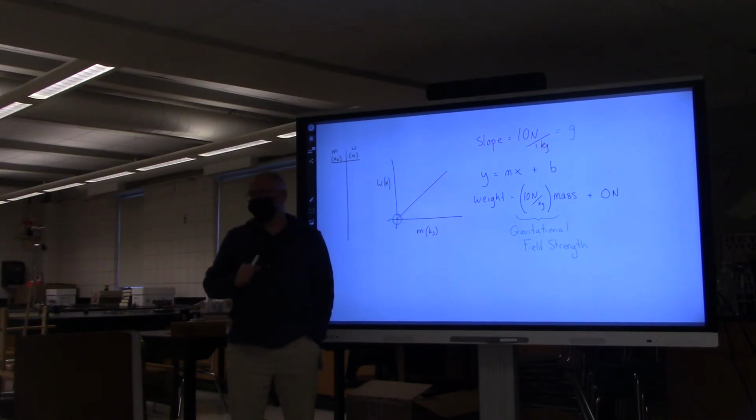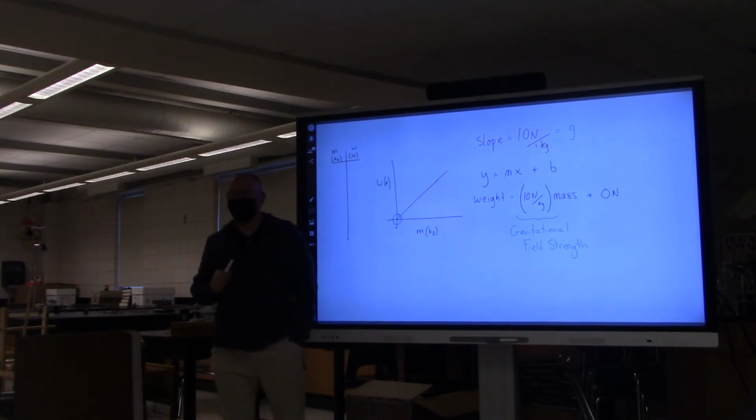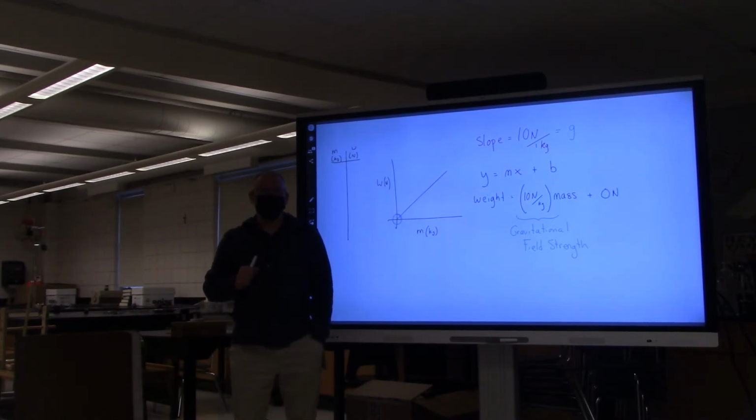If I ask you on an assessment or a final exam, what's the value of the gravitational field strength near the surface of the Earth, what would you tell me? 10 newtons per kilogram. And if it said, which of the following is the best statement that describes the gravitational field strength? That's right: for every additional kilogram of mass, you get 10 additional newtons of weight.